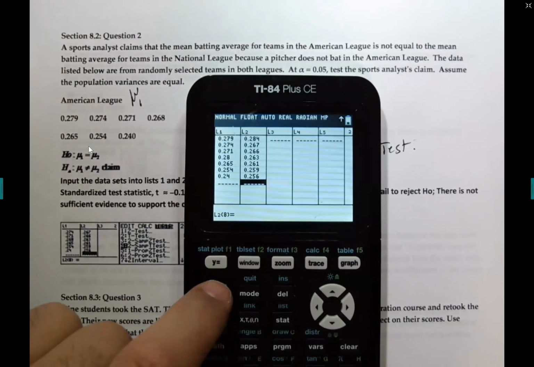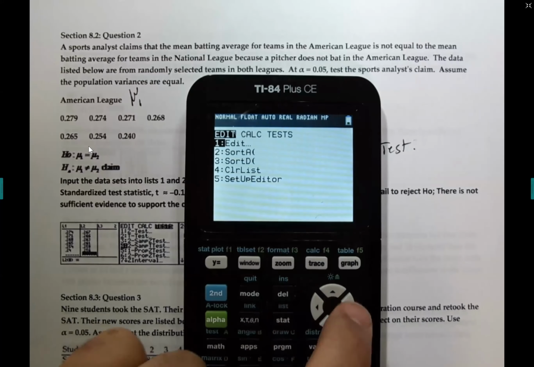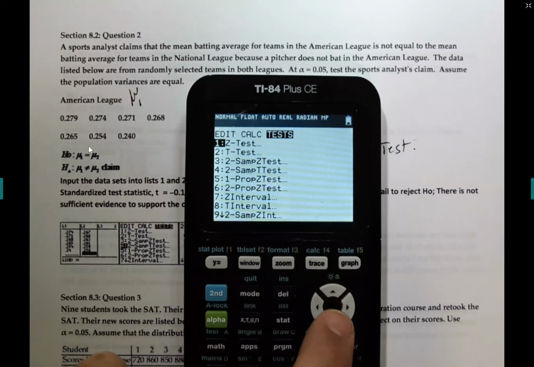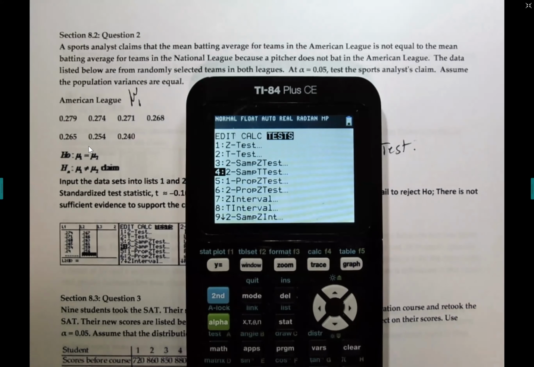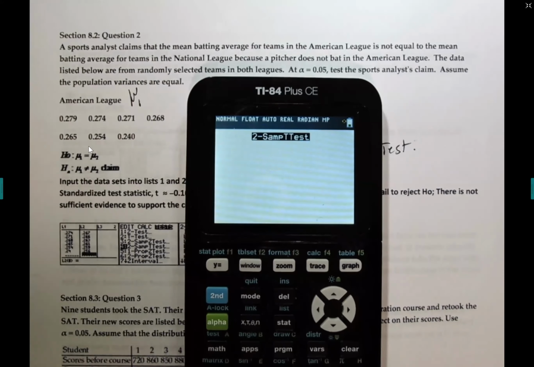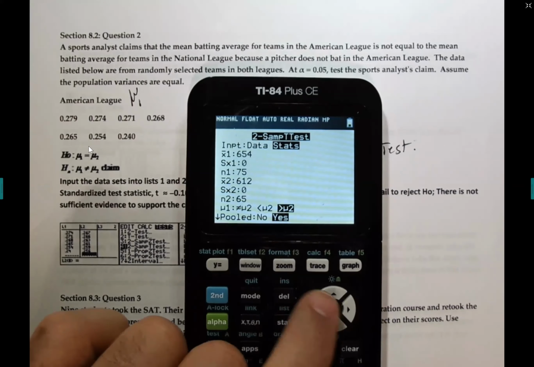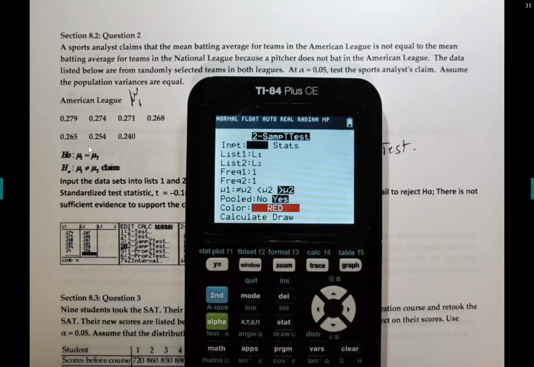You go to stat, tests, and all the screenshots are given in the handout. So 2-sample t-test, guys, watch. Enter. This time it's data because I have raw data.